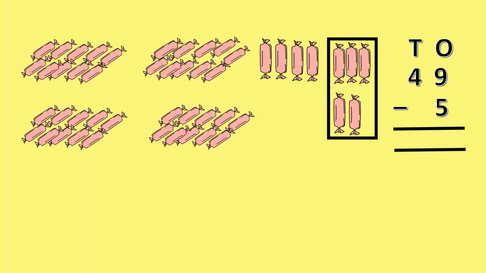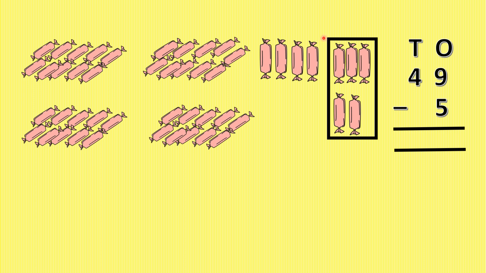Now let us subtract. Like addition, in subtraction also we always start from the ones place. Now I have to subtract 9 and 5 first, since below the ones place the numbers are 9 and 5. So I have to subtract these two numbers. Now children, let us see, 9 minus 5 is how much? You can count the chocolates which are left in the ones place and then write the answer.